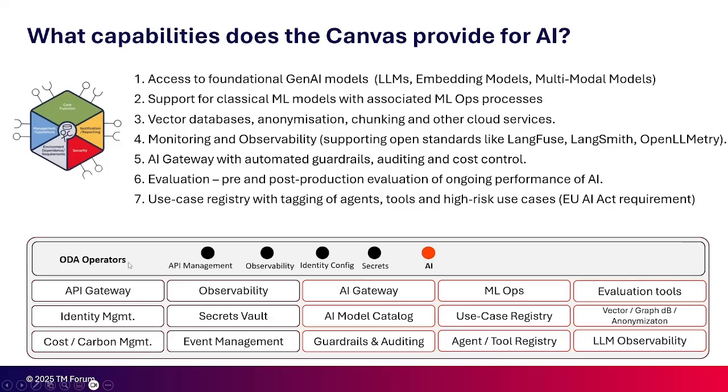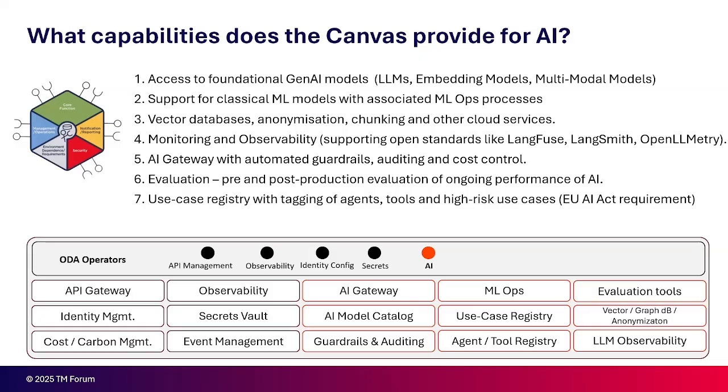The observability extends beyond the technical monitoring and performance of standard software to include AI-specific observability for language models, supporting tools like LangSmith or OpenLLMetry, which is an OpenTelemetry extension. We're proposing this AI gateway as a standard architectural component, enabling automated guardrails, auditing, and cost control.